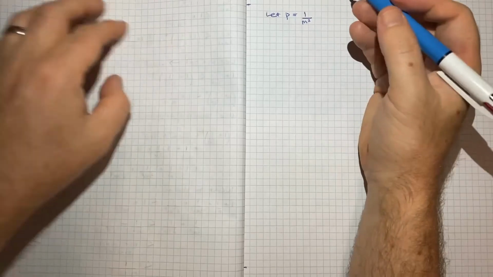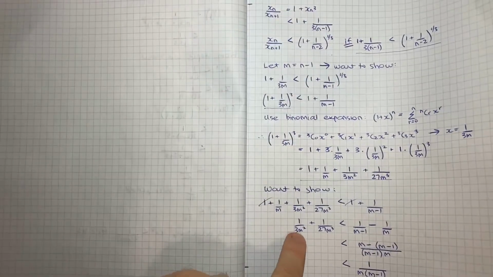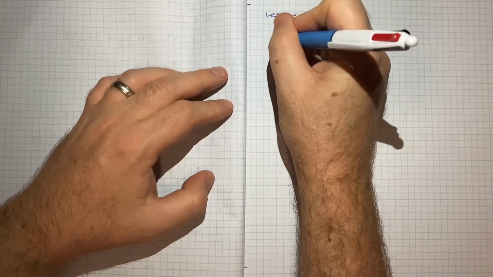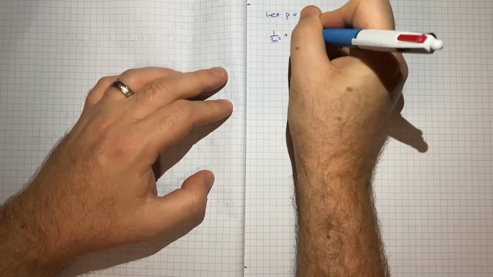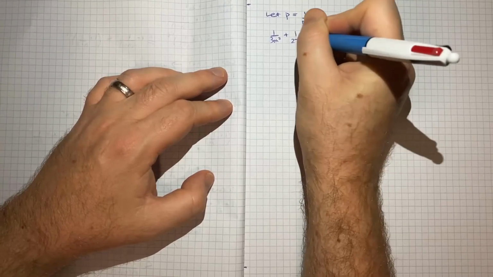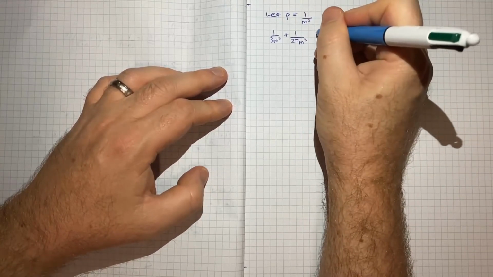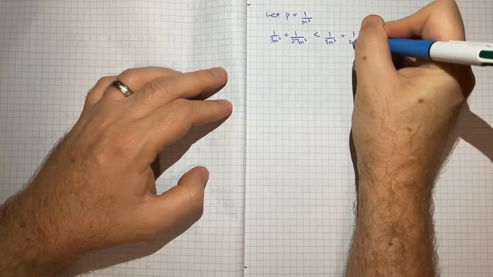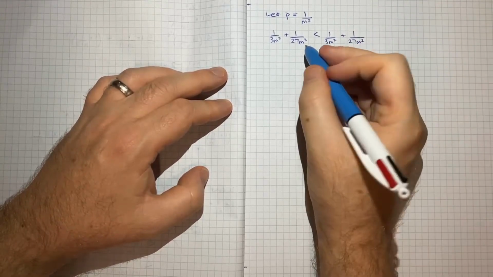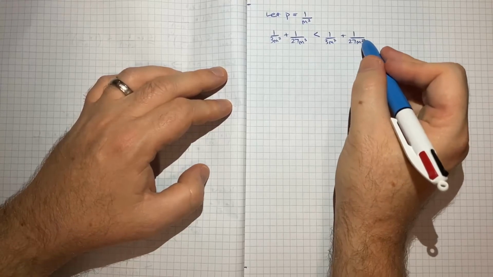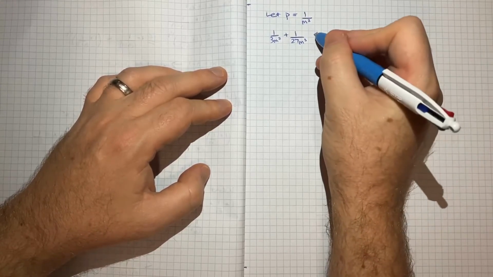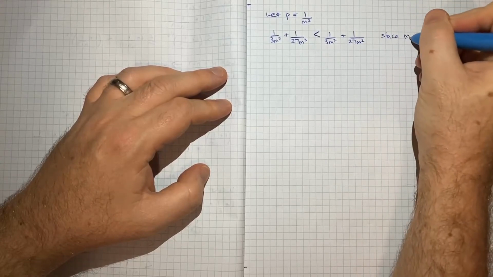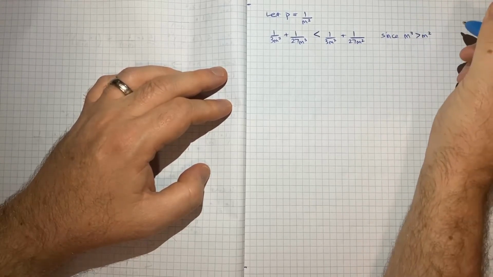So if I start with this left-hand side of the inequality, 1 on 3m squared plus 1 on 27m cubed, we know that that will be less than 1 on 3m squared plus 1 on 27m squared. If I replace the m cubed with an m squared, I'm dividing by something smaller, so that result must be bigger. So that's true since m cubed is greater than m squared.